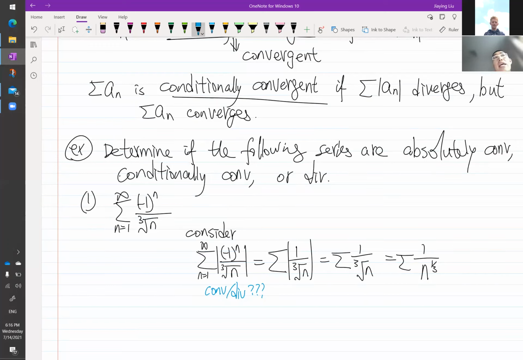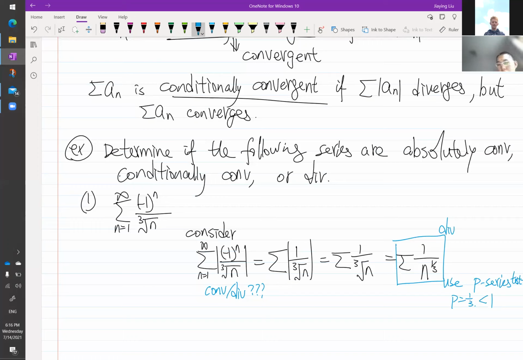Here, this is 1 over n to the p. We can use the p-series test. And p is equal to 1/3, which is less than 1. From the p-series test, we know that this series is divergent.